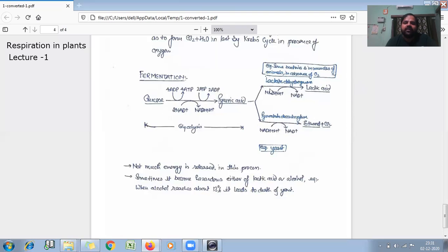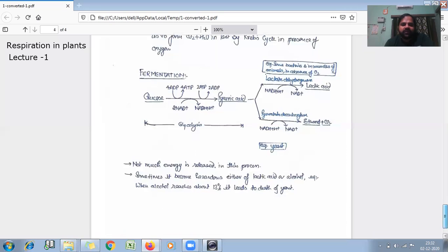And we can see here that not much energy has been released in this case of fermentation. This NADH has been utilized here, and 2 ATP has already been utilized, so a very small amount of energy will be gained.